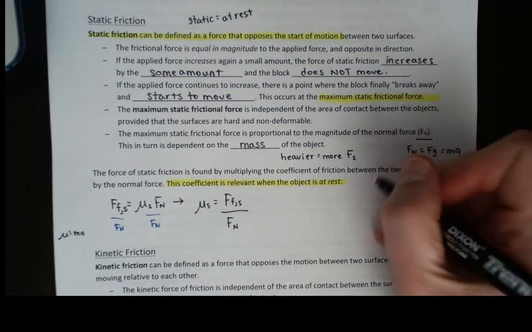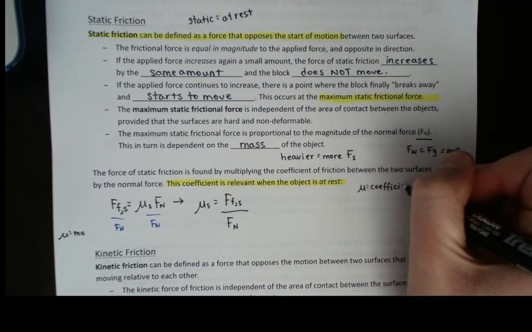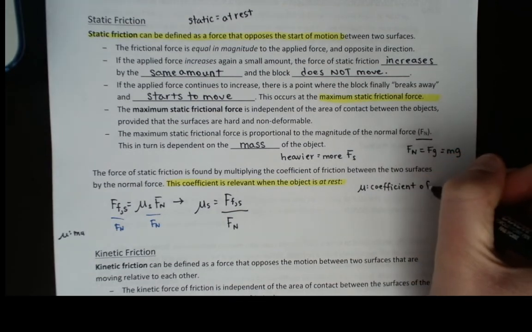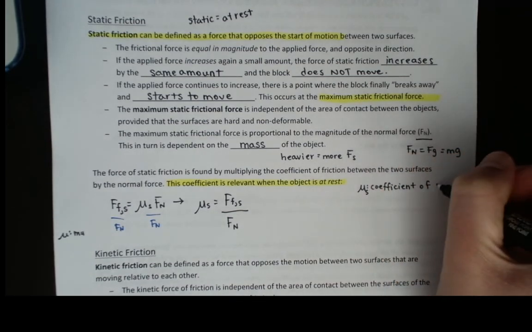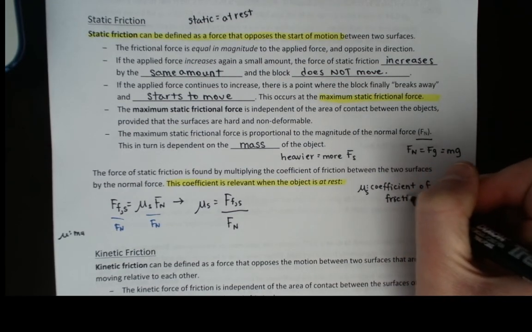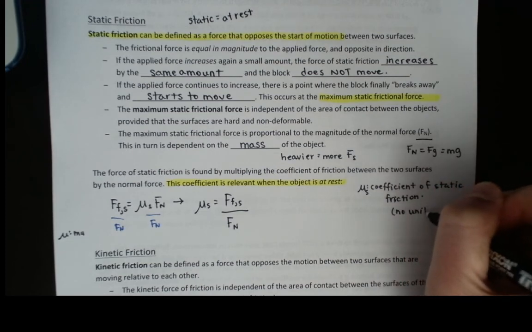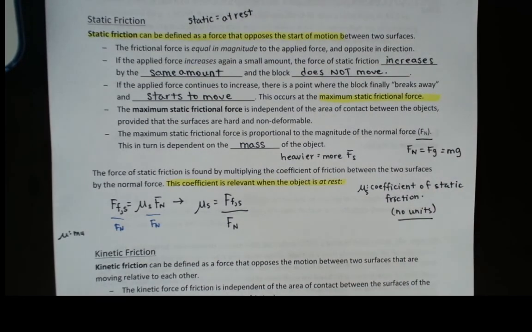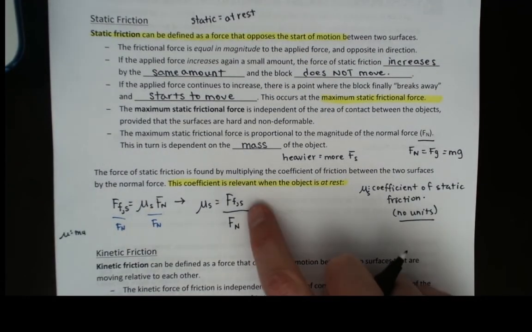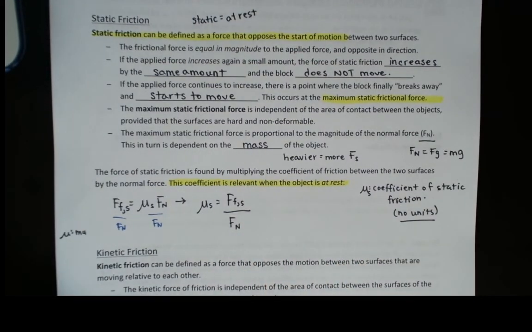Mu is the coefficient of static friction, and it has no units. The reason there are no units is because force is in newtons and force is in newtons, so your units cancel each other out and you're left with no units overall.